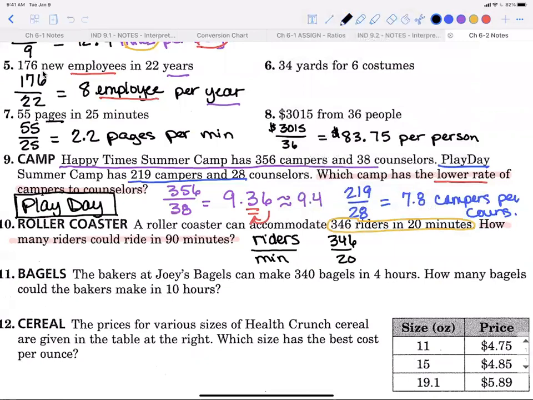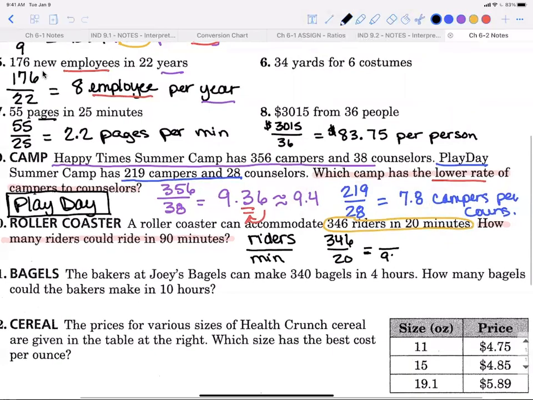Now the question is, how many riders could ride in 90 minutes? Well, I have another partial fraction, so I'm going to set them equal to each other. I'm given 90 minutes. Is that going to go on top or bottom? Bottom, because my minutes go on bottom. Now my question is, how many riders?